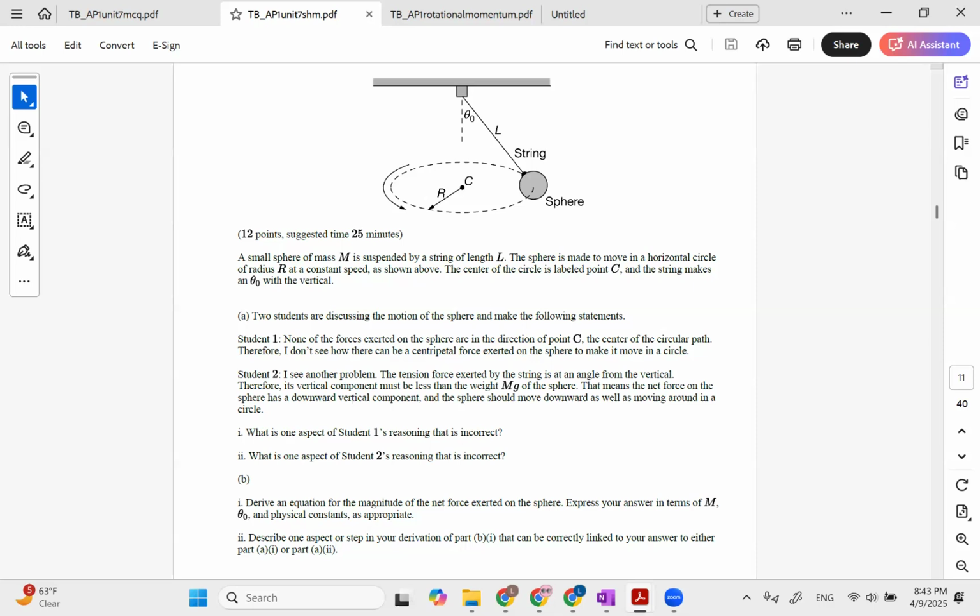I don't think that's correct. The vertical component of the tension should be equal to mg, right? Yeah, and then the net force points horizontally to the center, right? Yeah. So that's correct. What you mentioned, this reasoning you talk about, the vertical component must be less, that's incorrect. Then how about student 1?